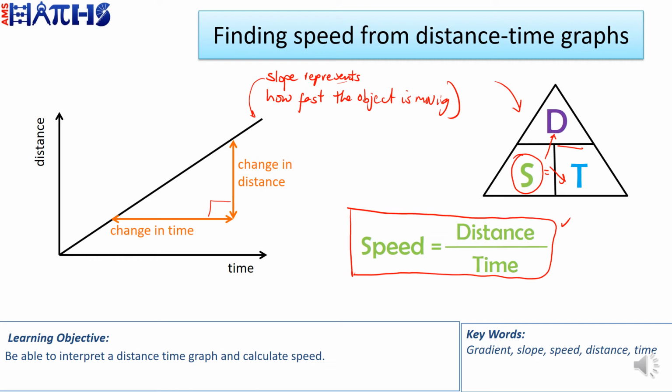So it would have been the change in the height, and we divide that by the change in the base, and that would give us our gradient or slope, and we know that that will tell us how fast our object is moving. So let's put that into practice. But before you do so, can you pause the video and make a note of the information here? Resume the video when you're ready to move on.